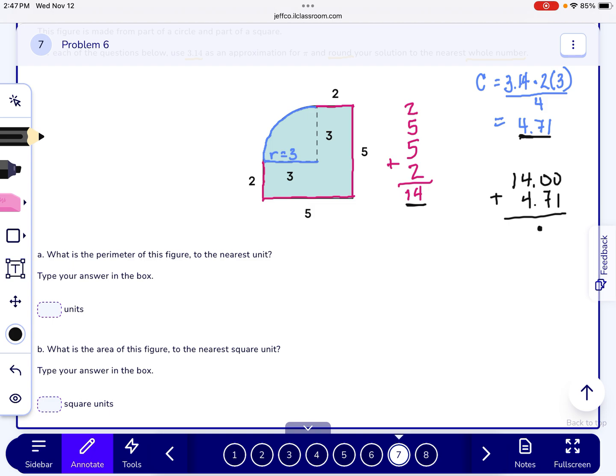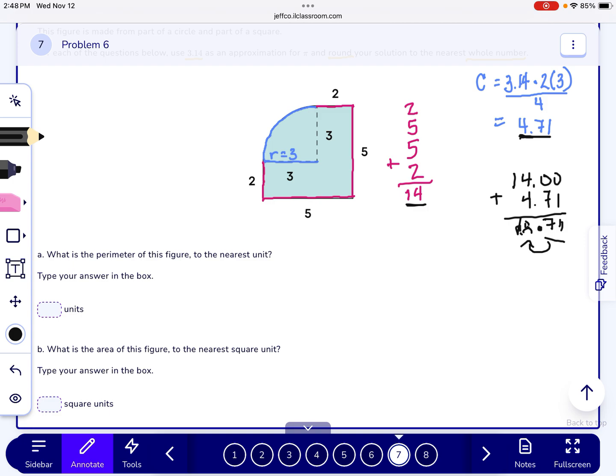so lining up my decimal, there we go. So 18.71, but I need to round it to my nearest whole number. So that means looking here and going here.